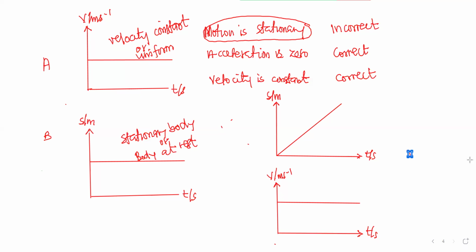What is the difference between these two graphs? Let me name them graph A and B.